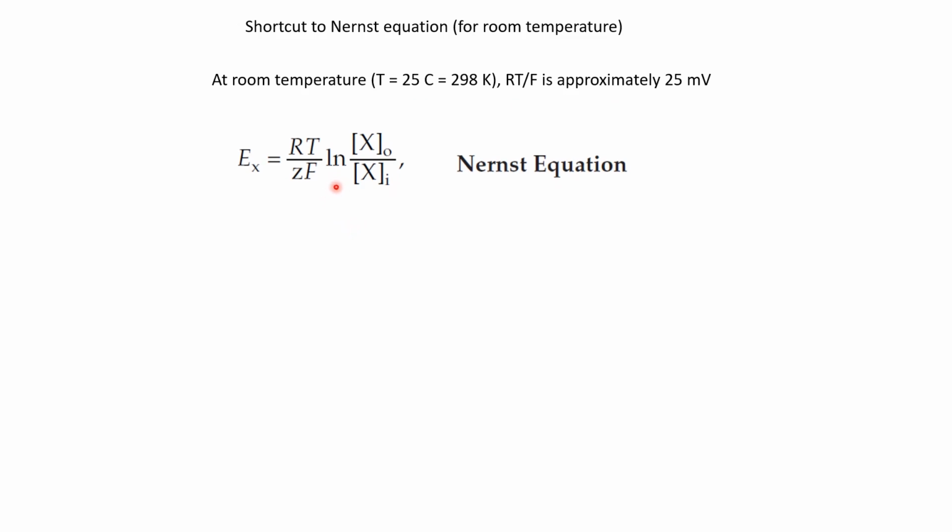And further replacing natural log by log base 10, this equation can be rewritten as 58 millivolts over Z, which is the valence of the ion, log ratio of concentrations outside over inside. So we just need to know the concentration ratio and the charge or the valence of the ion, and we can easily calculate the equilibrium potential at room temperature for that ion using this shortcut.